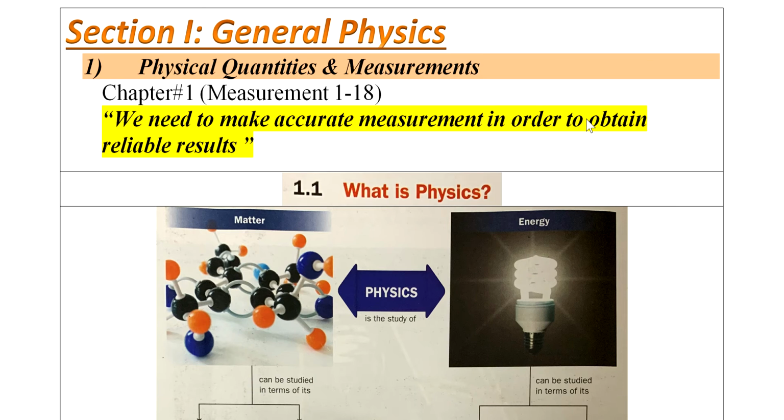So to make a measurement, we require a physical quantity. So physical quantities will be measured, and if the measurement is accurate, then our results will remain reliable.